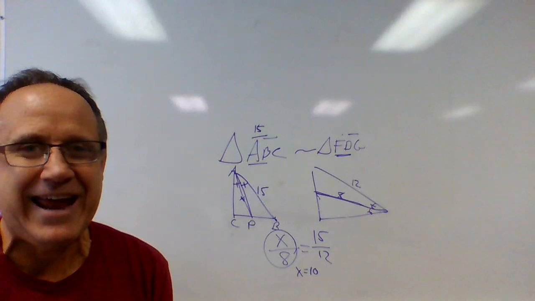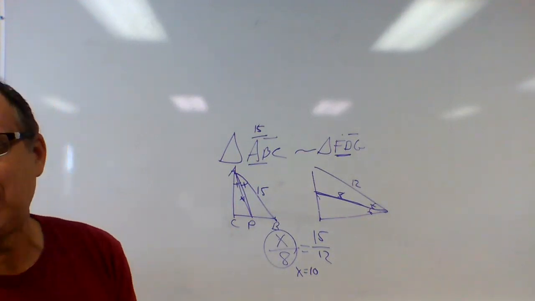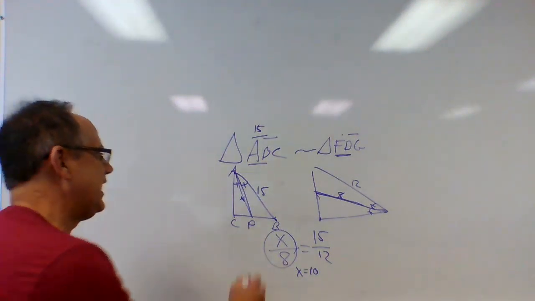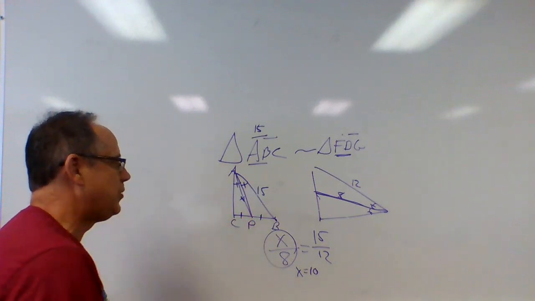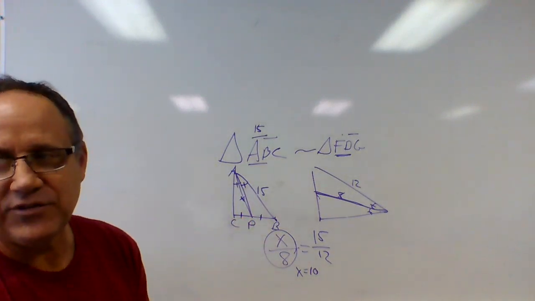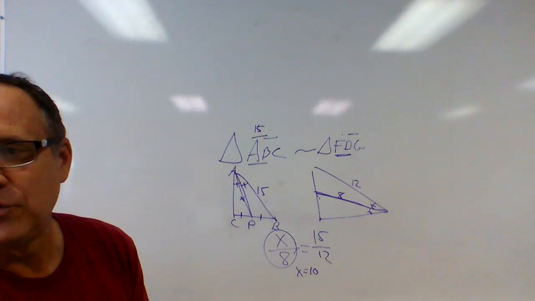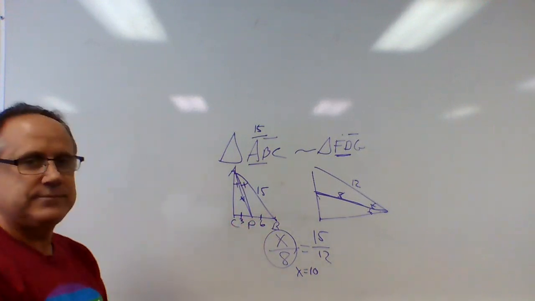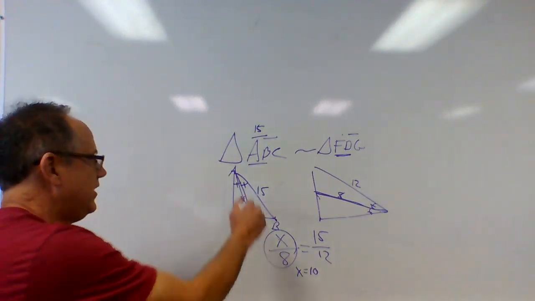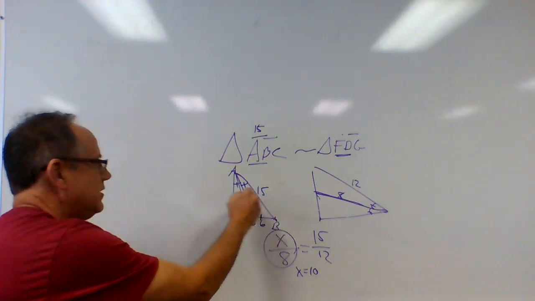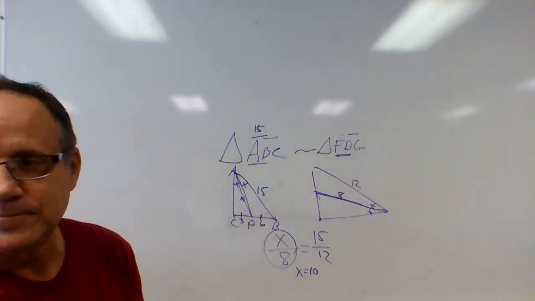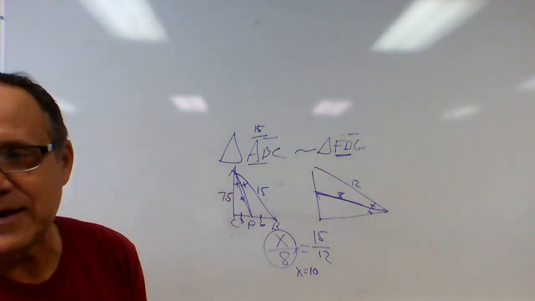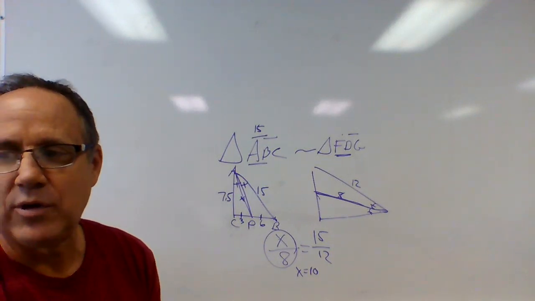Then we look at KM to LM. This side would be proportional to this other side. So if this was 6 and 3, and this side is 15, this side would be half of that, so 7.5.